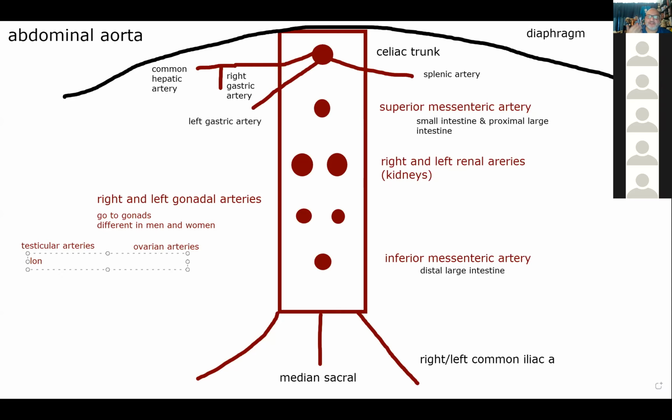The testes are actually located outside of the abdominal pelvic cavity. So absolutely, the testicular arteries have to be longer to get all the way out of the abdominal pelvic cavity, whereas the ovaries are nestled all snug as bugs in rugs inside of the abdominal pelvic cavity. So not surprisingly, they're shorter. Any other difference?